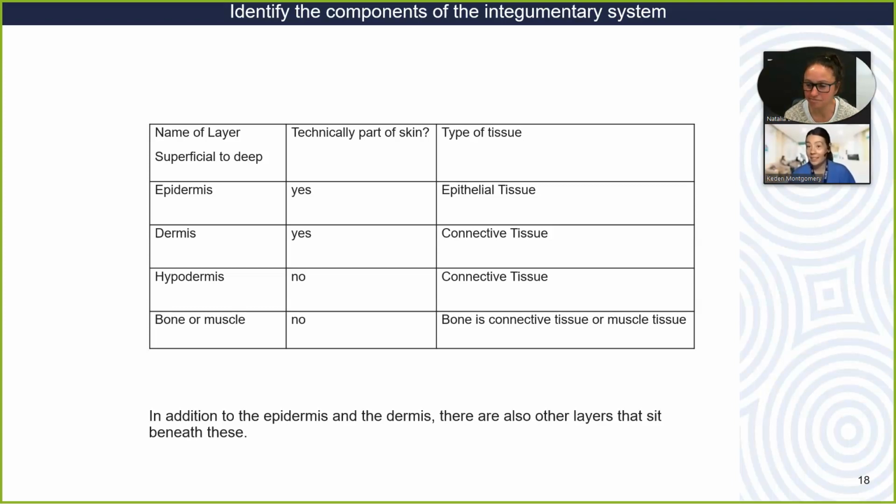Well, I think of cake. This is why. The skin has many, many layers. If we go from the outside in, we have one layer, the other layer, the other layer, and then we end up at the bone or muscle.